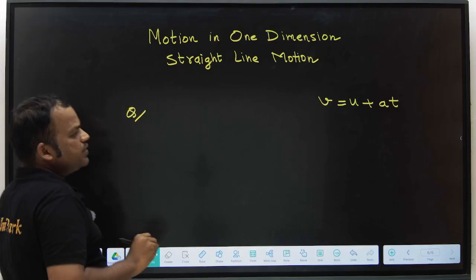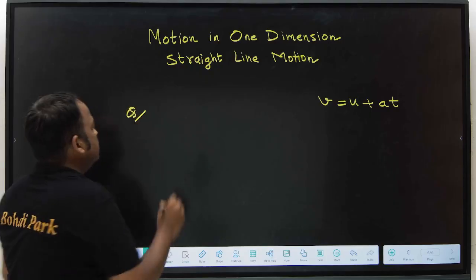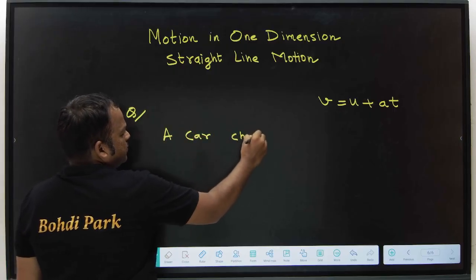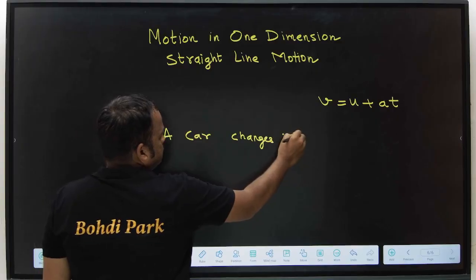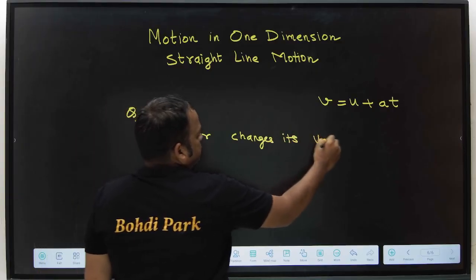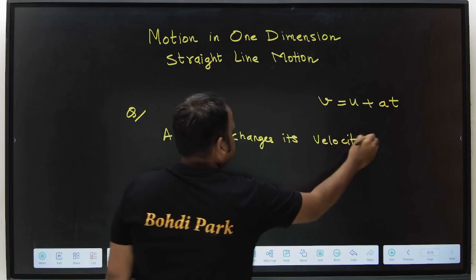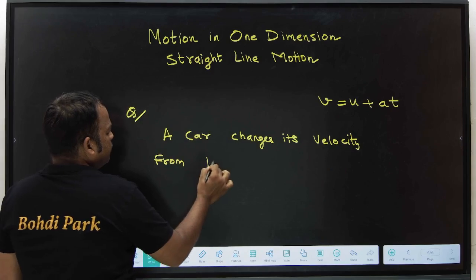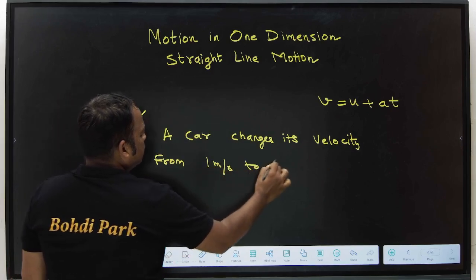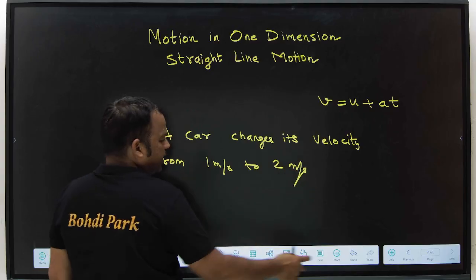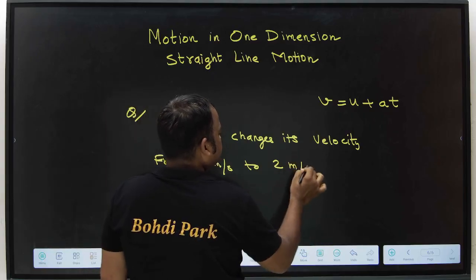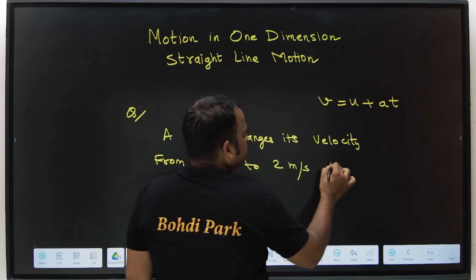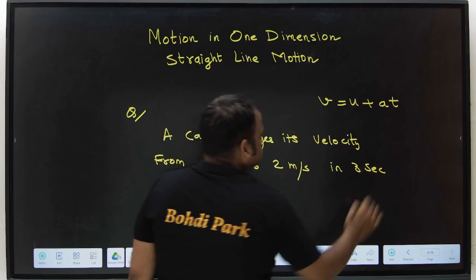So the question says a car changes its velocity from 1 meter per second to 2 meter per second in 3 seconds.